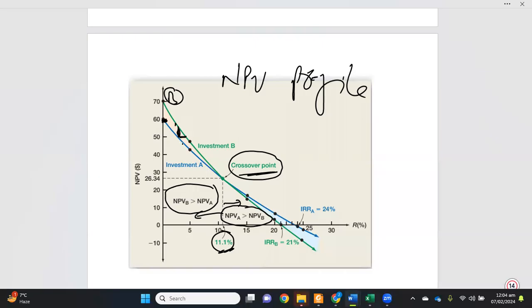It is much higher in comparison to the curvature or steepness of project A.